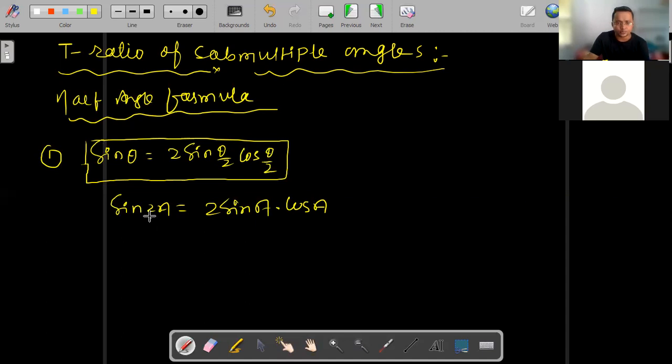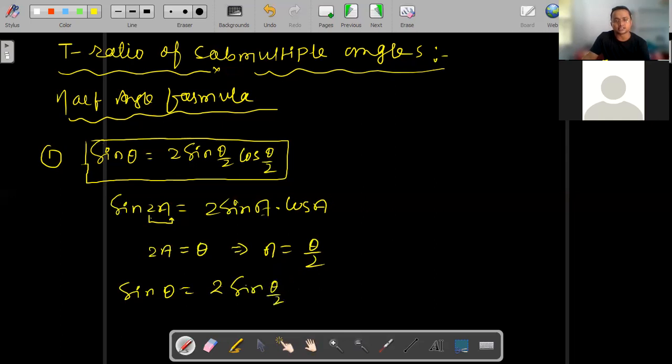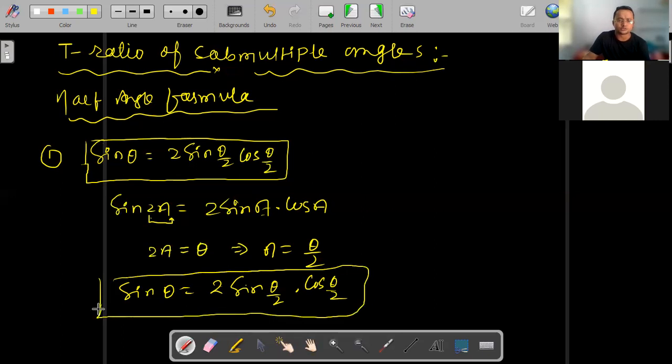So what we have to do? 2A you just replace with theta, and A is then theta by 2. So sine theta is equal to 2 sine theta by 2 into cos theta by 2. This is how you can prove this.